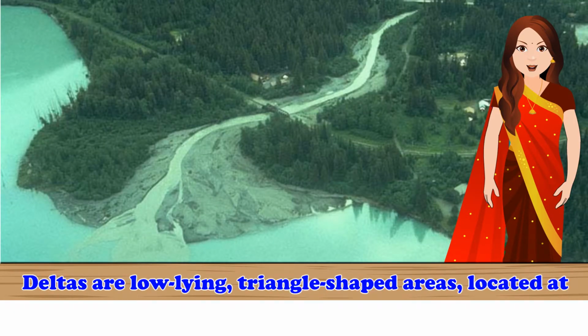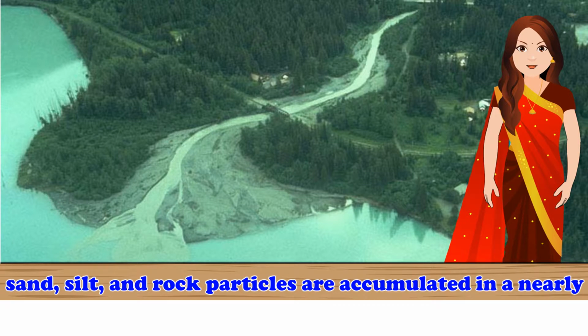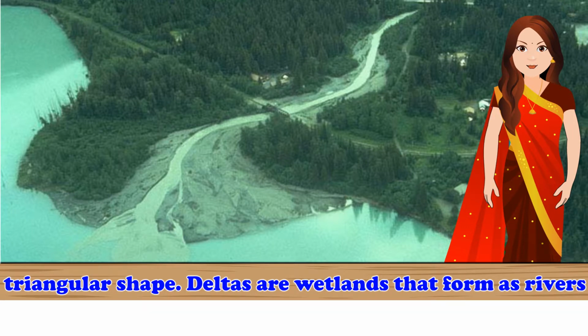Deltas. Deltas are low-lying, triangle-shaped areas located at the mouth of rivers. In the course of creating a delta, sand, silt, and rock particles are accumulated in a nearly triangular shape.